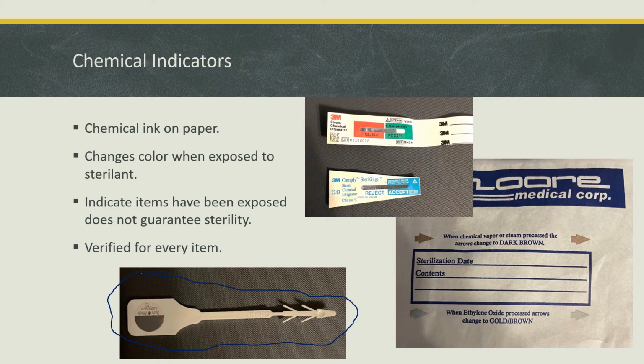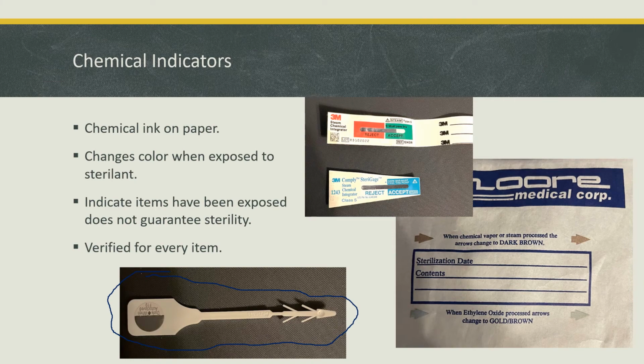Once it has changed color, it indicates that it has gone through the sterilization cycle, and this has to be broken when you open it. So it makes sure that the instruments have not been opened prior to the intended time. We know it's not been tampered with because this would be intact on the case, and it's broken anytime you open the case. And then we can see that it has been sterilized.